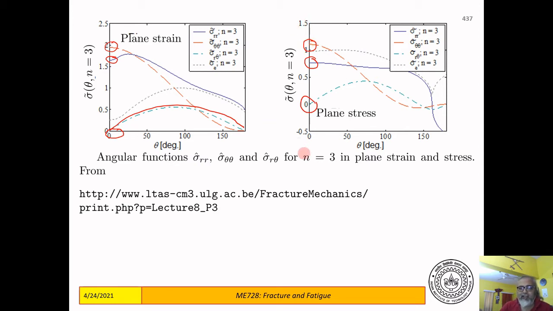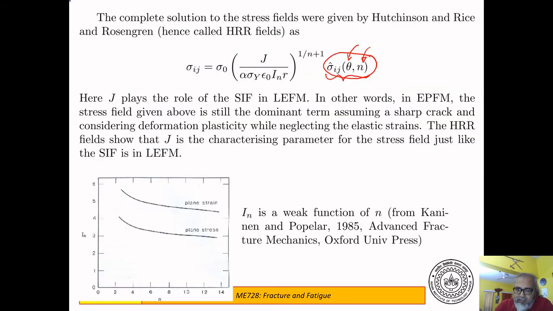This is, of course, plotted for n equal to 3. If you change the value of n, you will get different shapes of the functions. So these angular functions are tabulated, and it is possible to find them numerically as well. So this is the form of the stress.